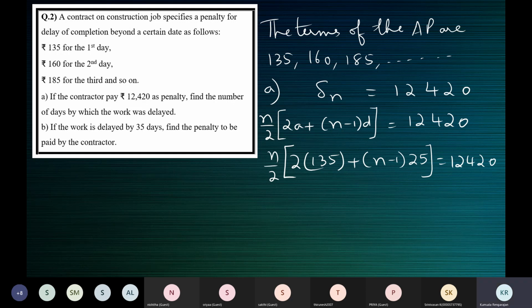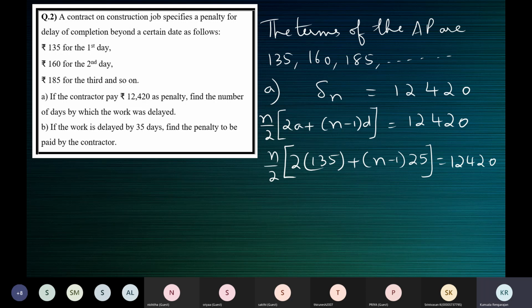It's the total penalty, like we did A1 plus A2 plus A3 plus A4 plus A5 in our example. S5 was the penalty in our example, where we knew the work was delayed by 5 days.